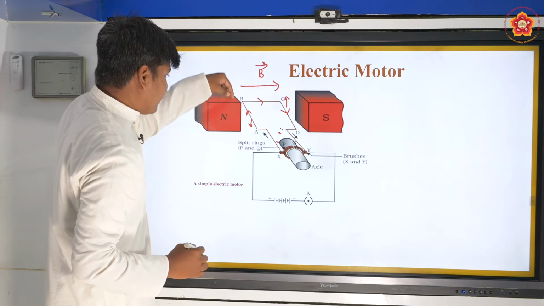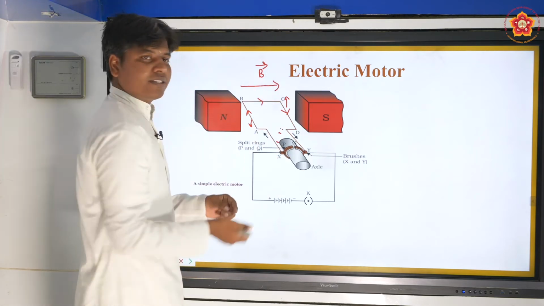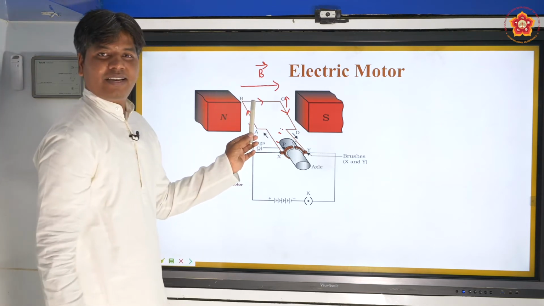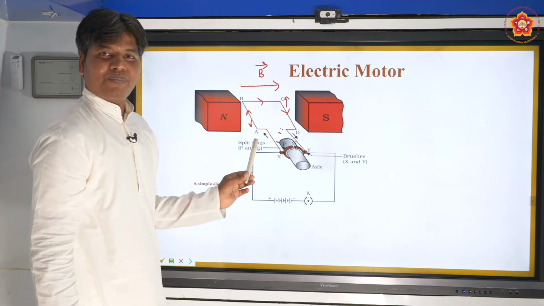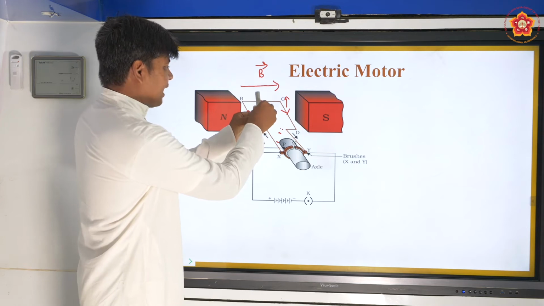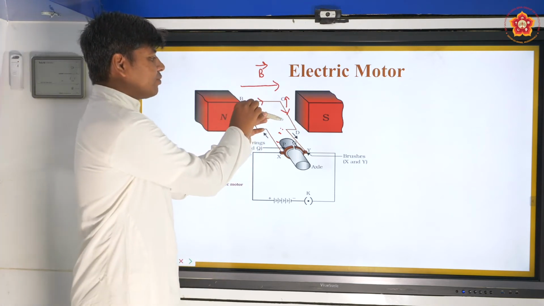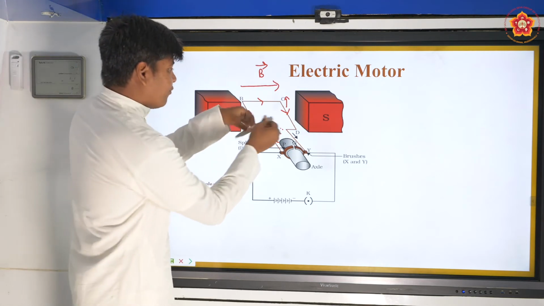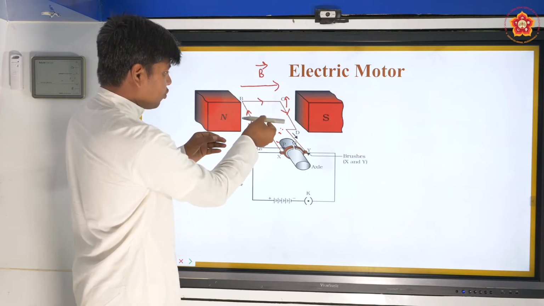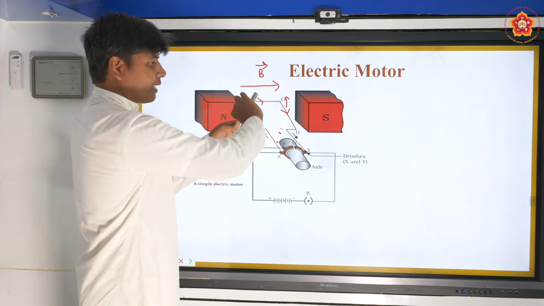So at one end it is experiencing a force downwards, at the other end it is experiencing a force upwards. So what happens? It rotates. It is helping it to rotate, right? Now when it reaches this highest point, what happens? It has to come down, right? To form a full circle, it has to go up and come down.